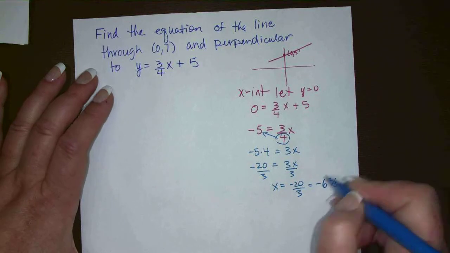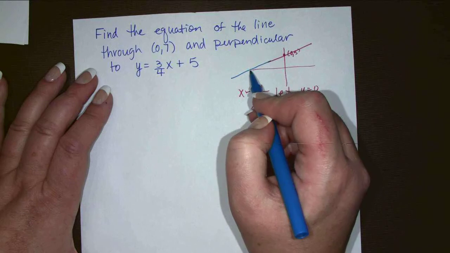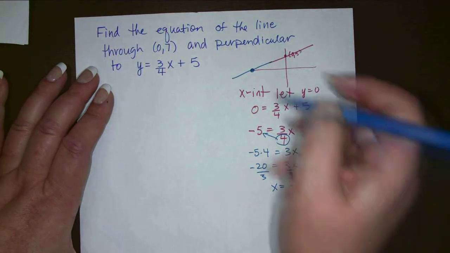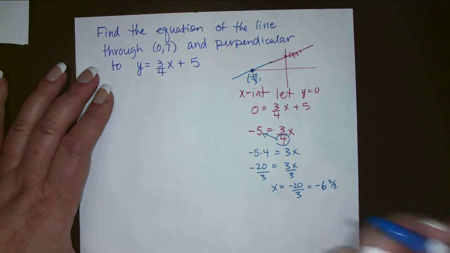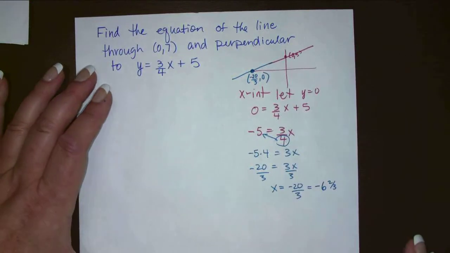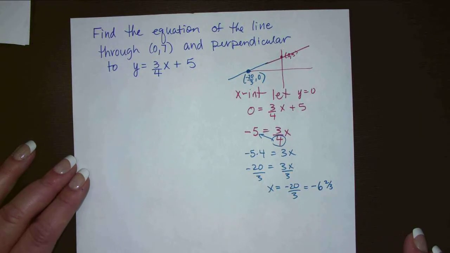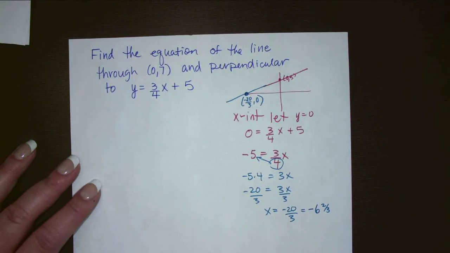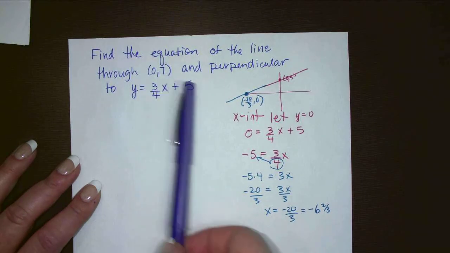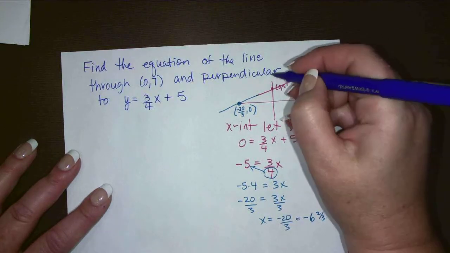So when we draw it on the graph, this would be the point, negative 20 over 3, or negative 6 and 2/3. Right? Okay, so there's the line that they're giving us, and they want to know the perpendicular line that passes through which point? 0, 7. Where's 0, 7? It's up here.